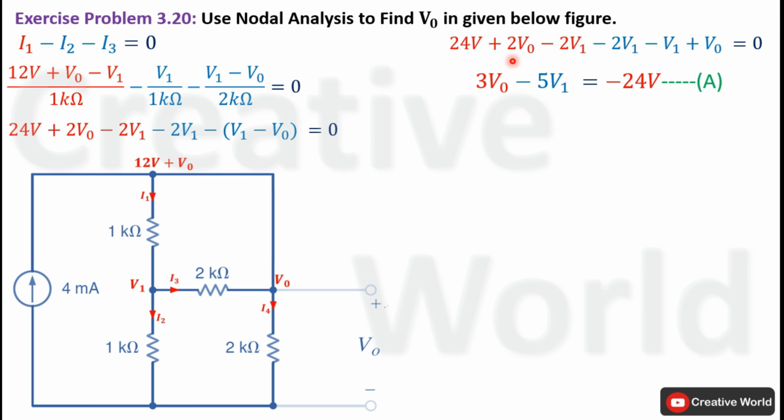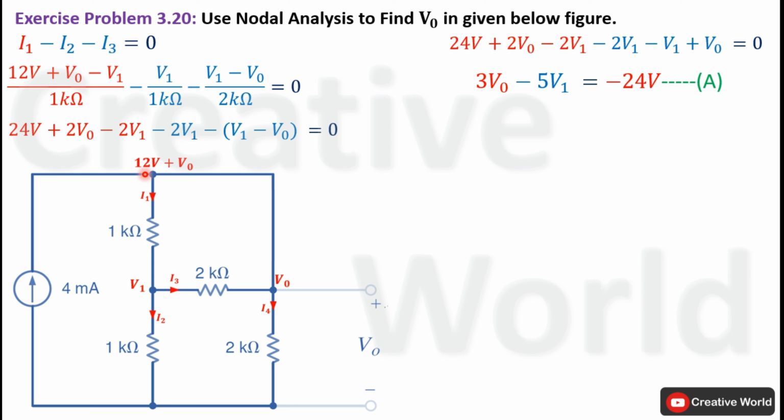Sum of 2V0 and V0 will become 3V0, and sum of minus 2V1 and minus V1 will become minus 5V1. And this 24 volt will become minus 24 volt after placing it on the other hand side of equal. We cannot further solve this equation, so leave it for now and label it as equation A. It is the first node voltage equation of this network.